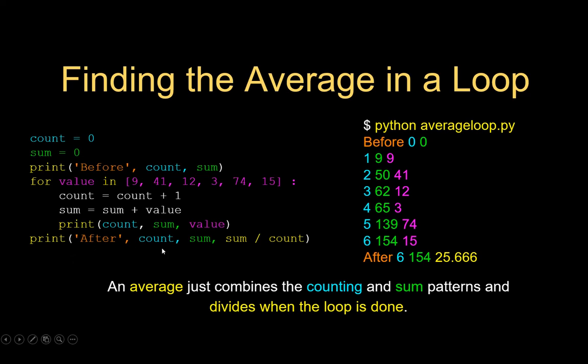We're going to have the count, the sum, and the sum divided by count, which in this case is 25.666, which is our average of the numbers that we saw in the set. So this is another example of how we can use a for statement or a loop statement to calculate an average in a given set.